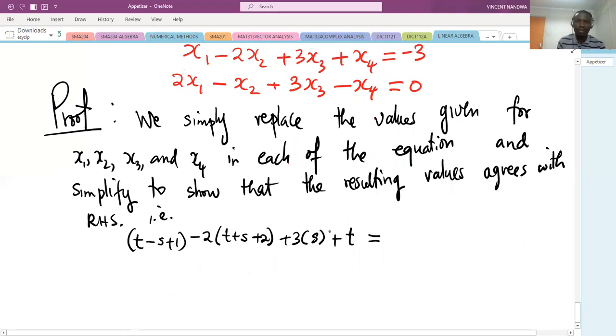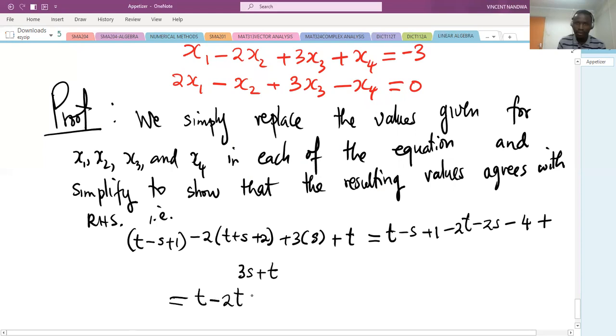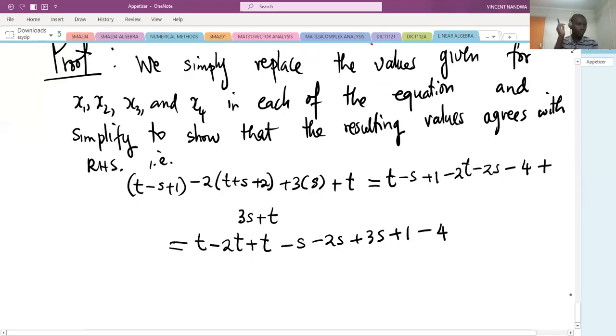This will be the same as t minus s plus 1 minus 2t minus 2s minus 4 plus 3s plus t. And then in the next step, we collect like terms. So we have t minus 2t plus t, and then minus s minus 2s plus 3s plus 1 minus 4. When you collect like terms, that's what you get.